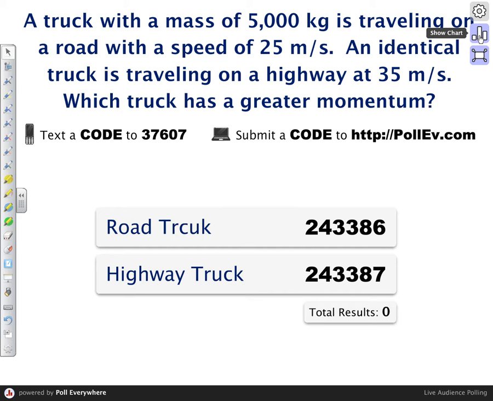An identical truck is traveling on a highway at 35 meters per second. Which truck has a greater momentum? It's the road truck or the highway truck. So, which of these two objects would you believe has the greater momentum? Road truck or highway truck?